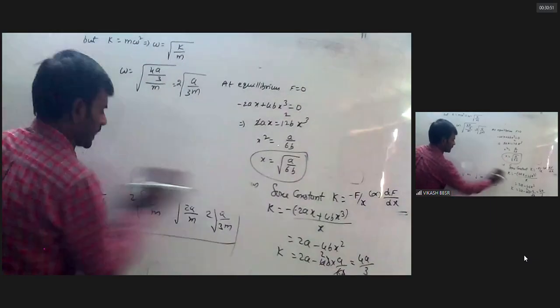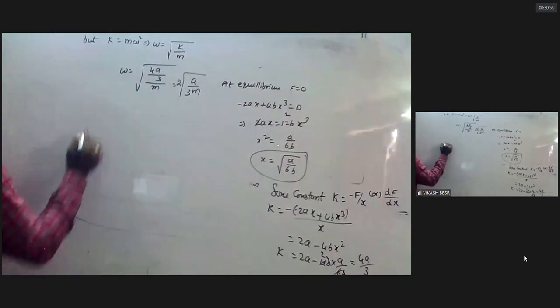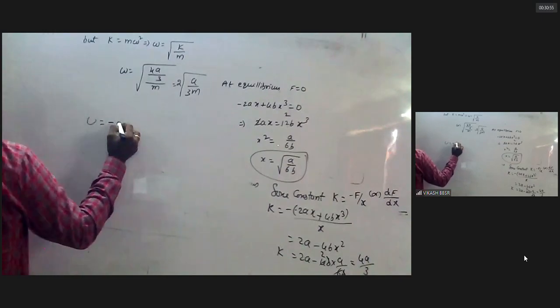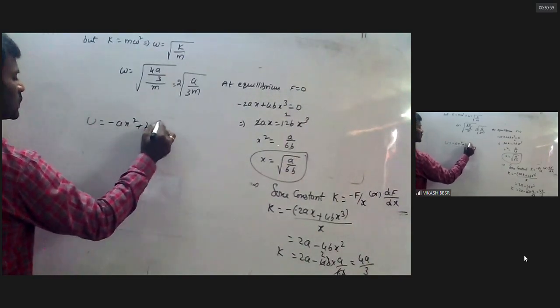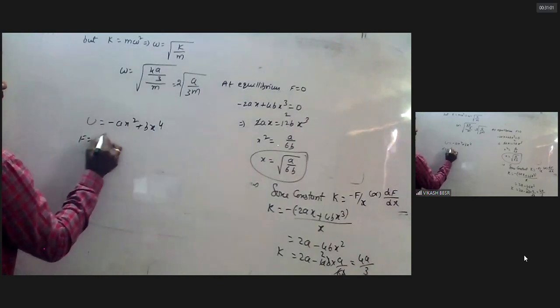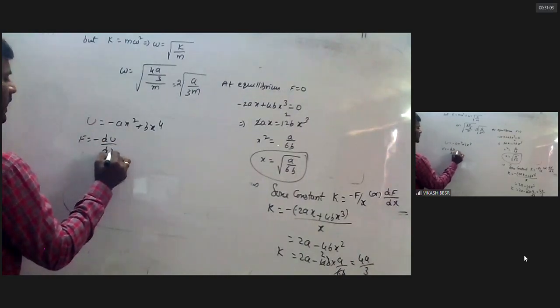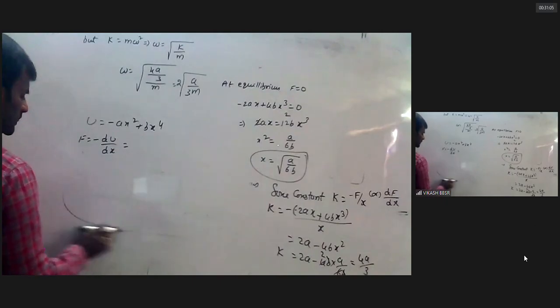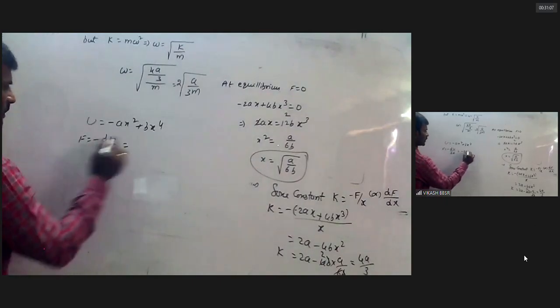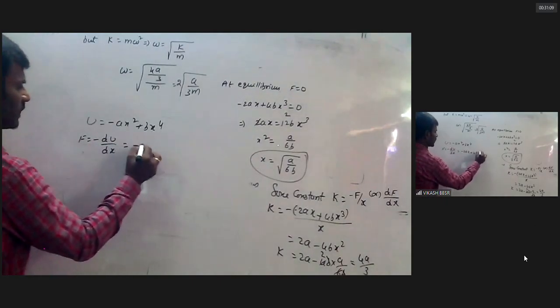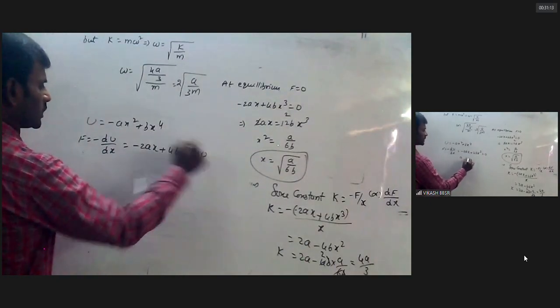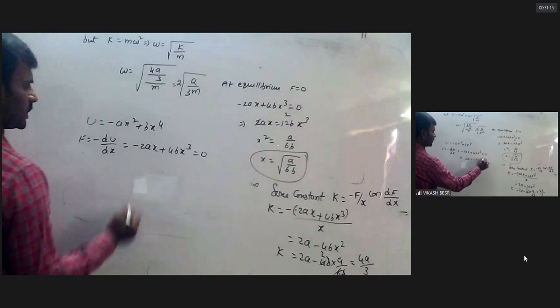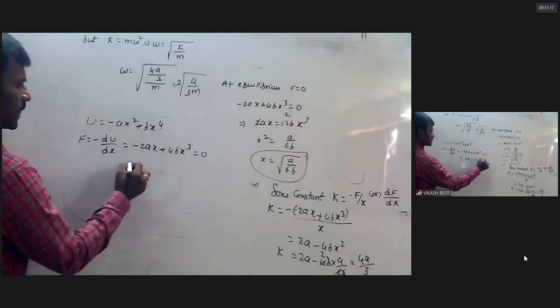Once again, differentiation: u is equal to minus ax square plus bx to the power of 4. Minus du by dx means how much? Minus 2ax plus 4bx cube equal to 0, which implies 2a equal to 4b into x square.